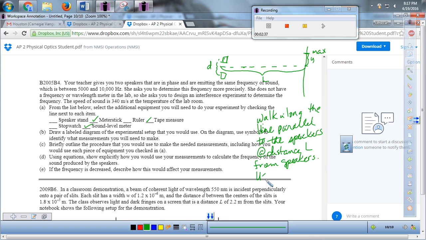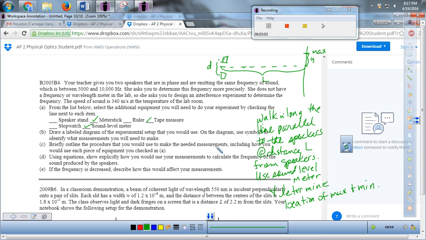Use the sound level meter and determine where your max and mins are. Location of max and mins. It probably should say maximum sound and minimum sound, but you know what I'm talking about.